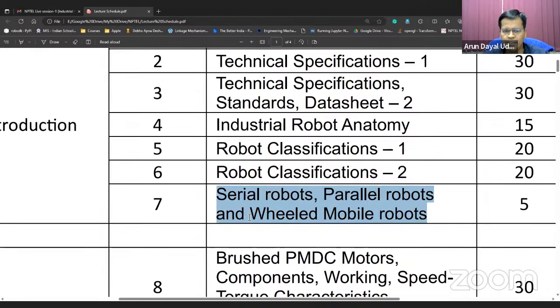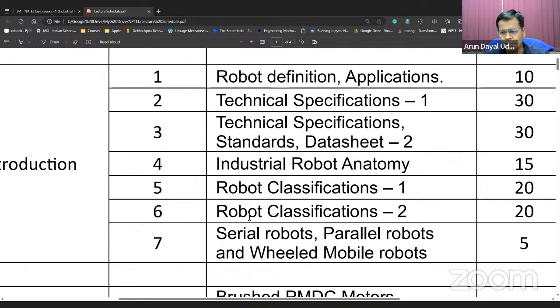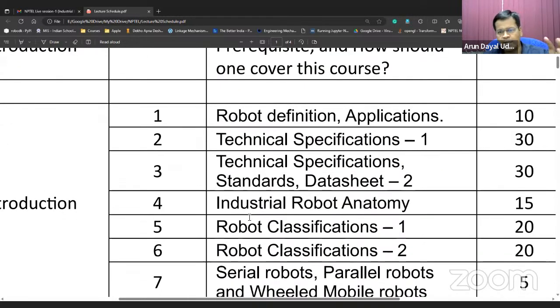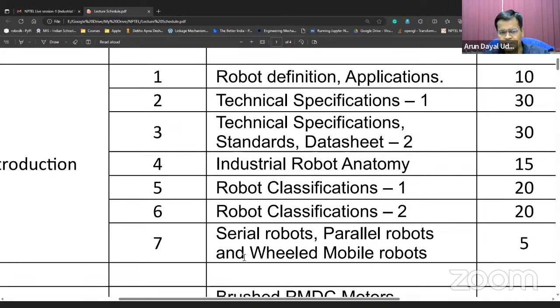Although I intended to cover wheeled mobile robots here, due to time constraints I could not, but parallel robots were included, which are normally part of industrial robots, mostly applied in agro, food and beverage, or pick and place industries. I have shown you the application of parallel robots also.